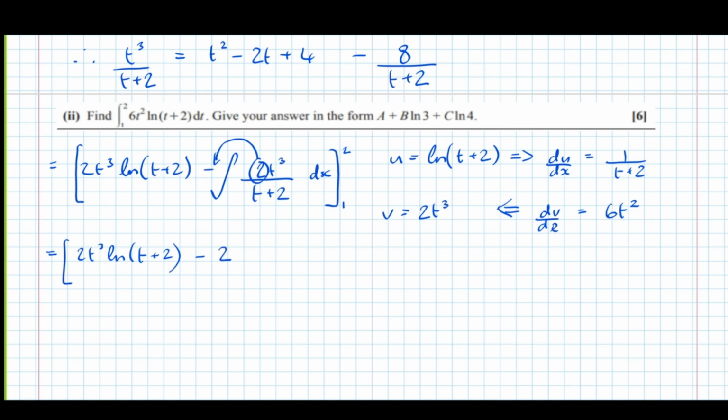Then we can use the identity we've proved here directly. 2 lots of... and we're not going to integrate yet, but we know that 2t cubed over t plus 2 is the equivalent of t squared minus 2t plus 4 minus 8 over t plus 2 dt.